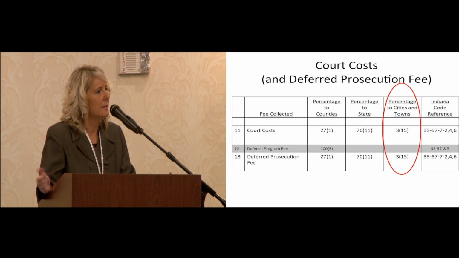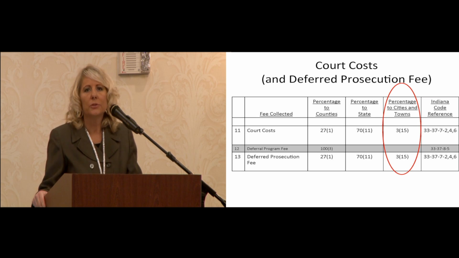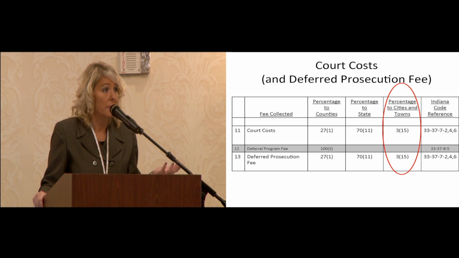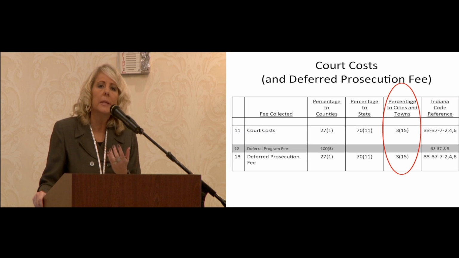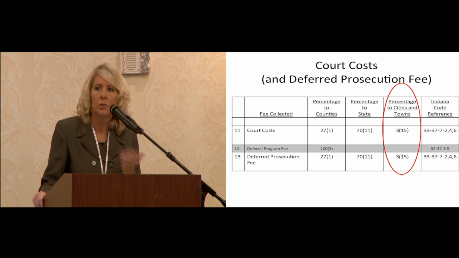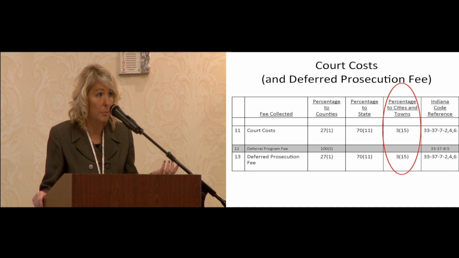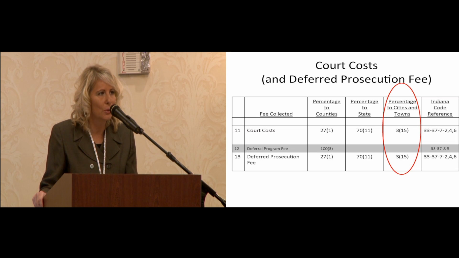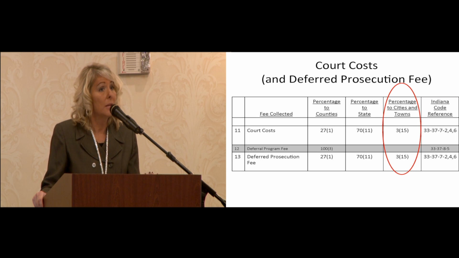The reason that's difficult is that if this particular city or town has no court of its own, they're going to bring any cases that they do have to your courts because they don't have any other options. But they don't always prosecute ordinance violations. They sometimes don't have to.